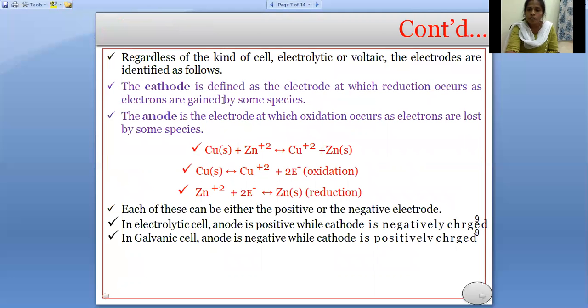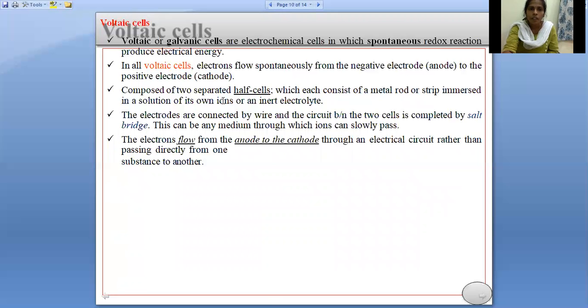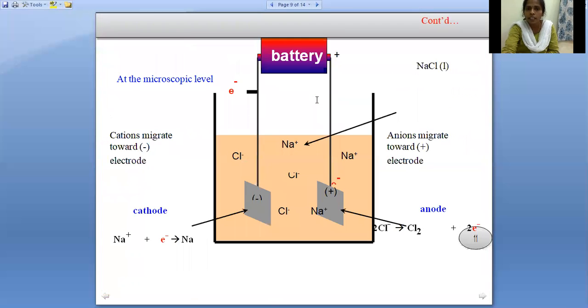And it is composed of two separated half cells, which each consist of a metal rod or strip immersed in a solution of its own ions and inert electrolyte. So here it contains two half cells. Whereas in an electrolytic cell, we don't have any half cell, because a half cell is nothing but an electrode dipping in its own salt solution.